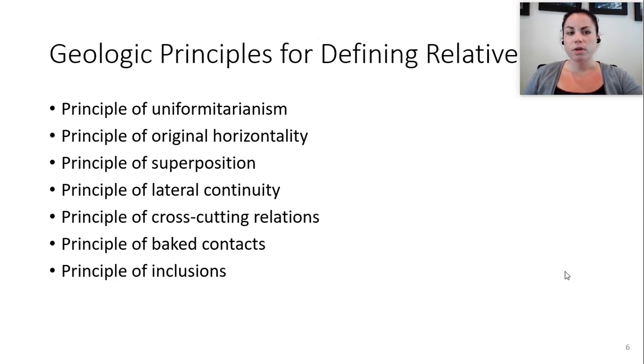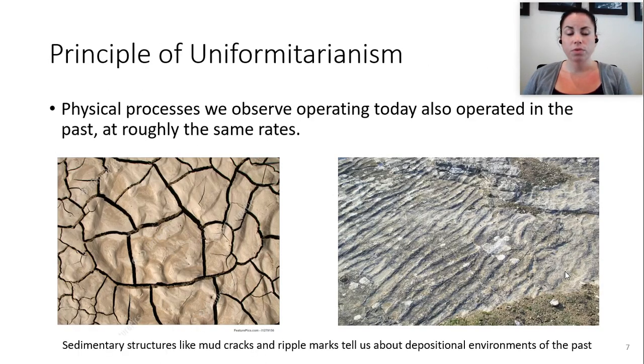So there are quite a few different geologic principles for defining relative age, and we're going to go over each of these individually. Those are the principles of uniformitarianism, original horizontality, superposition, lateral continuity, cross-cutting relations, baked contacts, and inclusions. Let's take a look. The first is the principle of uniformitarianism.